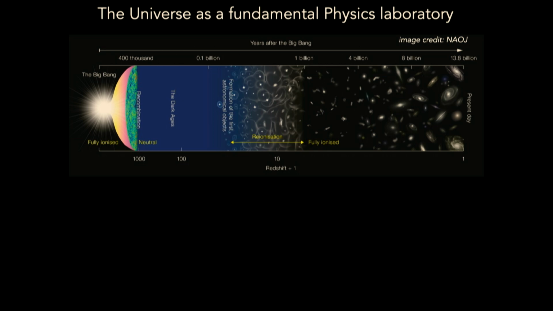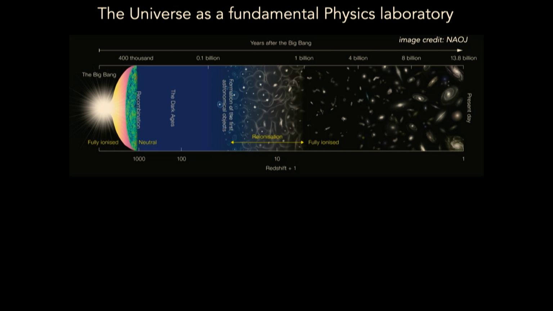So to get us started, we've seen this diagram in a number of forms so far, but this is basically the timeline, the history of our observable universe with the Big Bang all the way on the left and us right now all the way on the right, 14 billion years later. And there's many different observables that we have access to that can tell us something about the composition or the evolution of the universe.